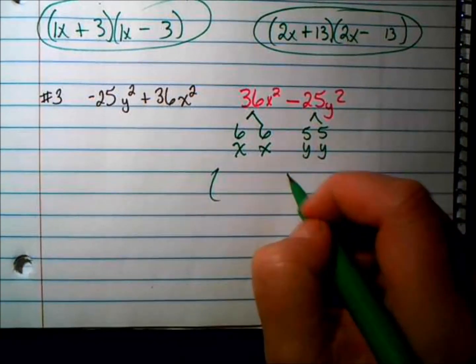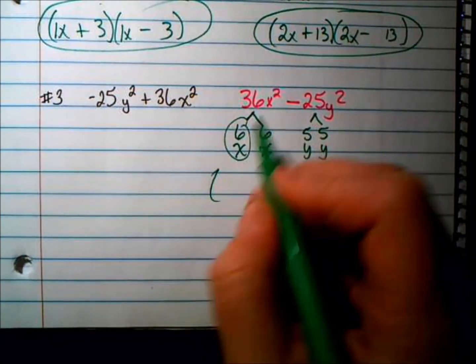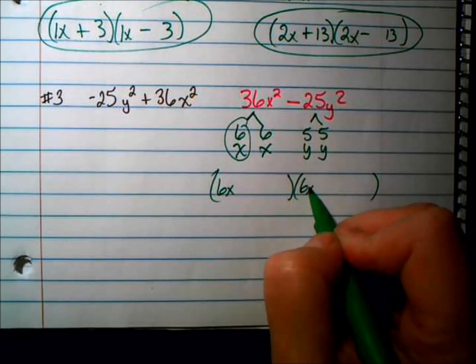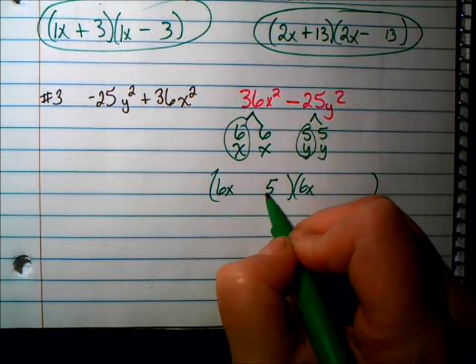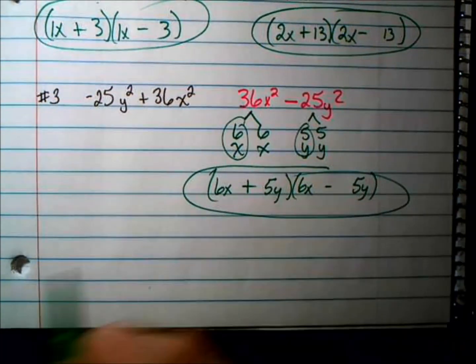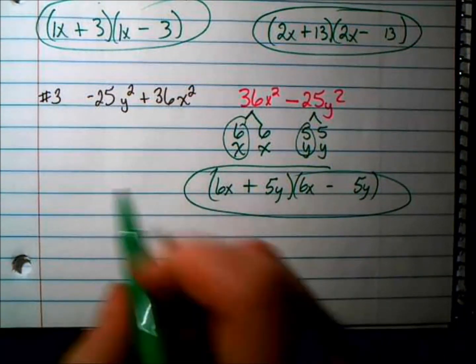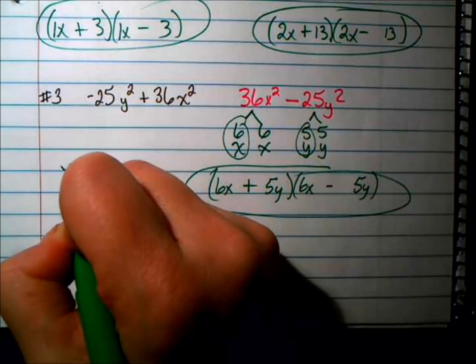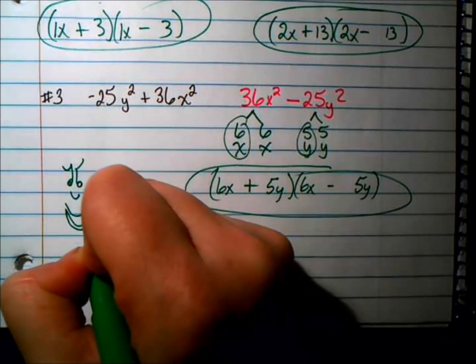So that when I write my binomials, the first terms will be 6x's, and the second terms will be 5y's, plus and a minus, and there's my answer. If you got all 3 of these correct, give yourself a great big smiley face.